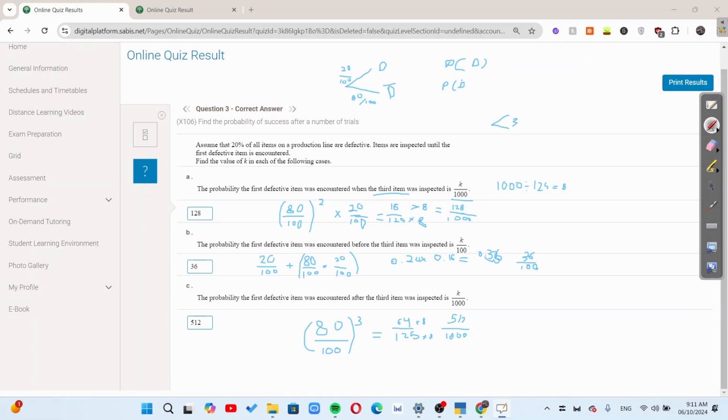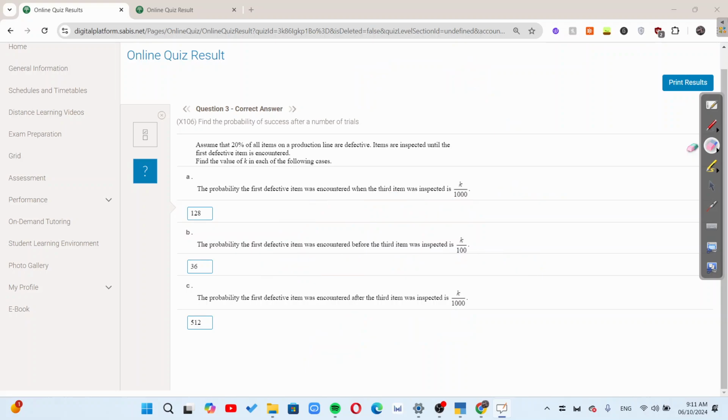Like, these were your 2 chances, okay? So that's what you had to calculate: the probability of defective plus the probability of not defective. And third one, it's just how many times you need to multiply this as your power, on how many times you didn't get it defective.